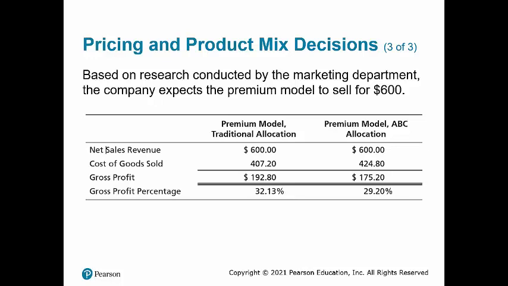So the gross profit using activity-based costing would be $175.20, and that would yield a gross profit percentage of 29.20%. So in determining a product mix decision, Smart Touch Learning would probably decide to produce more of the standard model since it is more profitable than the premium model. Again, to maximize profits, the company should try to sell as many of the standard models as possible, and that's what we mean by making a product mix decision.